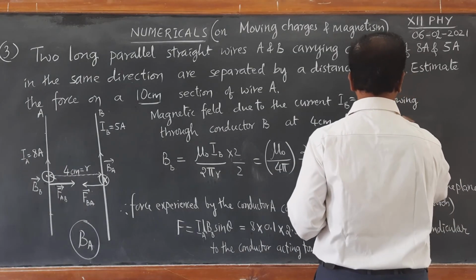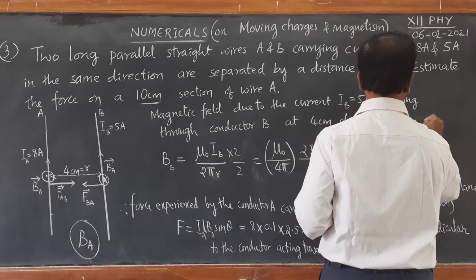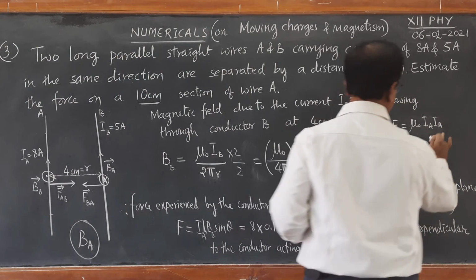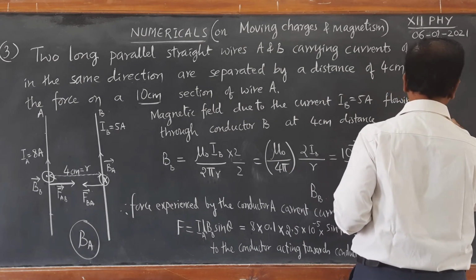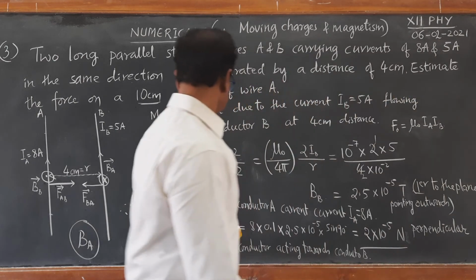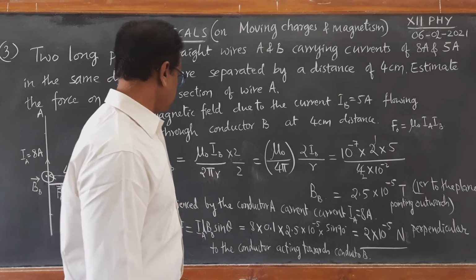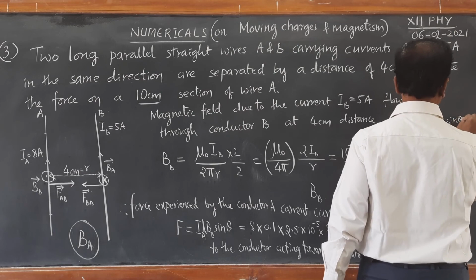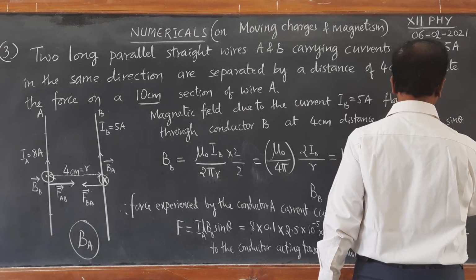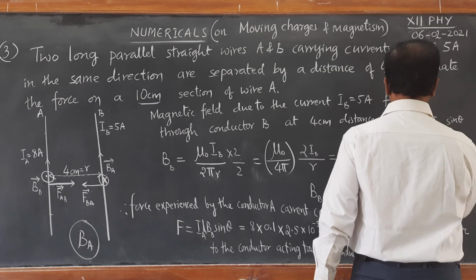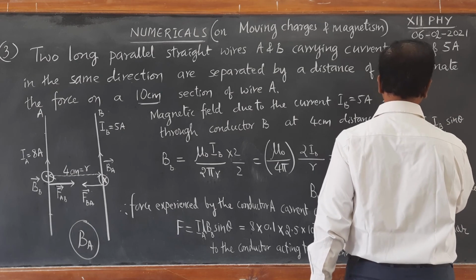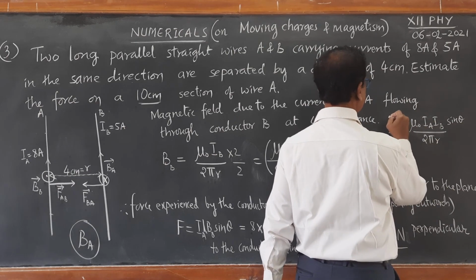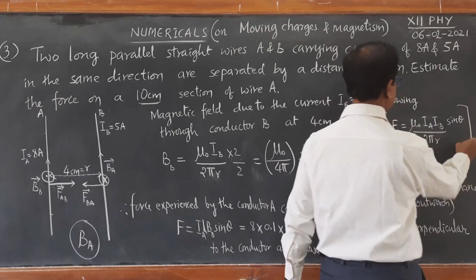So force becomes mu naught IB IA into L. So L, if you take it here in the denominator, gives force per unit length.